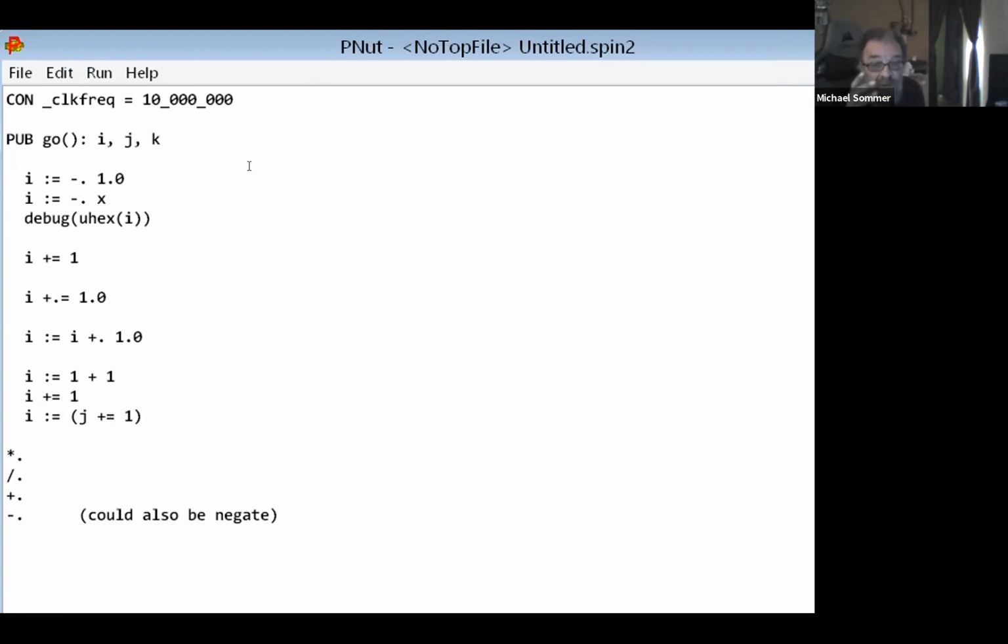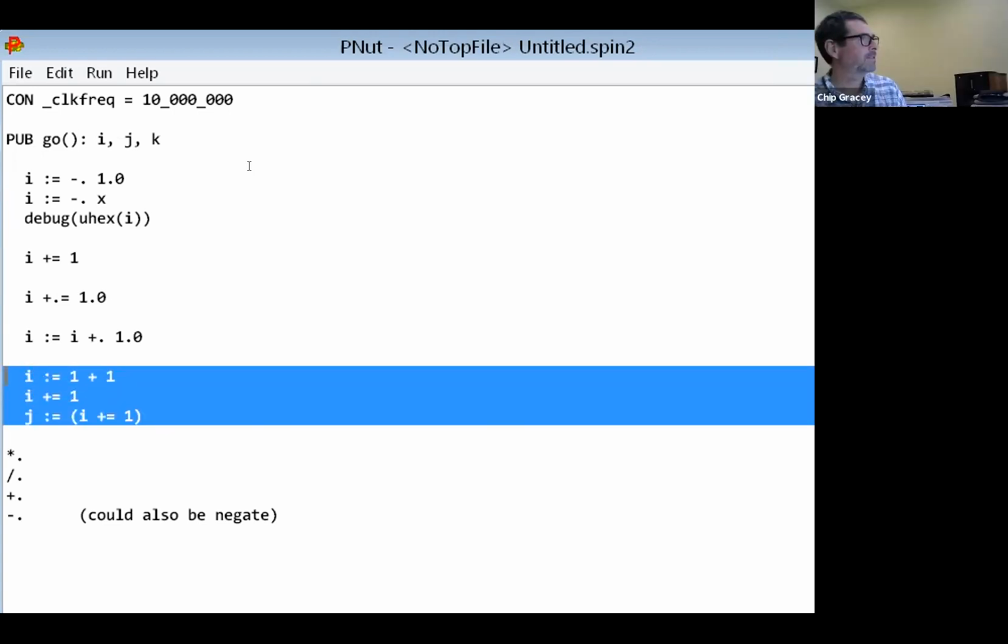I plus equal 1 is the same as I equals I plus 1, and he basically reduces this down in the parsing state. He already optimizes it down to the same equation.